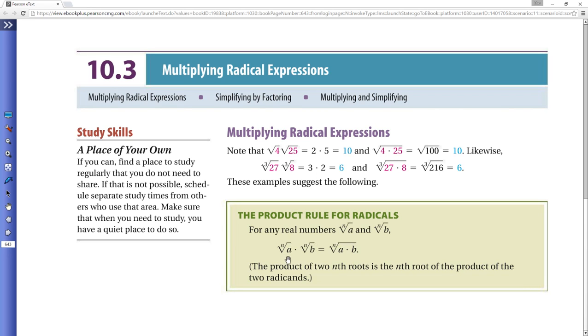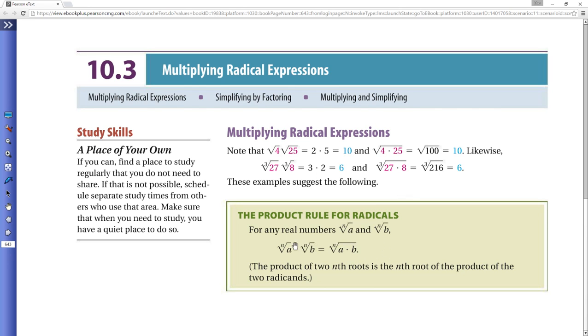We could say a to the 1/2 power times b to the 1/2 power is the same as a times b to the 1/2 power. And basically that's the same thing. Here we have an index number here of 3, so that's a cube root or the 1/3 power and so on.